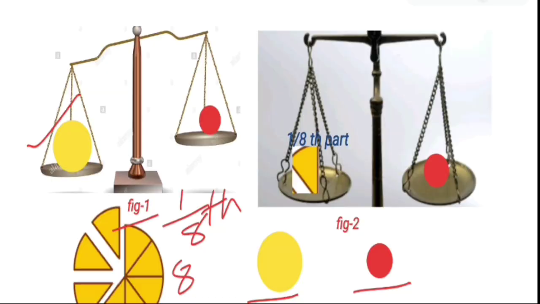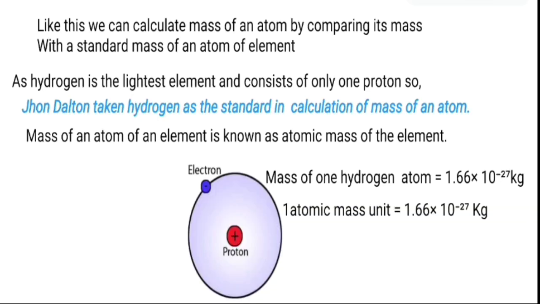Now, how can we compare mass of atoms? Now let us discuss. We are also comparing the mass of atoms by using the same method. John Dalton took hydrogen as a standard for comparing the mass of the other atoms.